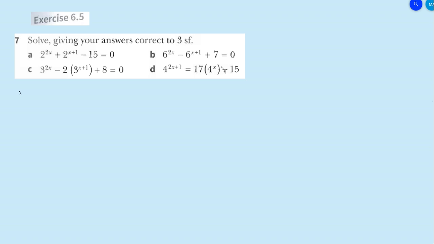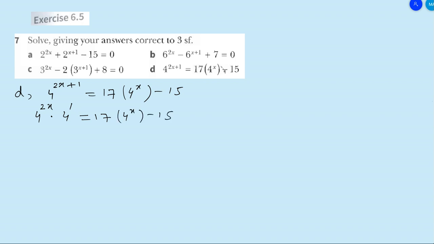Part D is 4 to power 2x plus 1 is equal to 17 into 4 to power x minus 15. First, write this equation: 4 to the power 2x dot 4 to the power 1, here dot means multiply, is equal to 17 into 4 to the power x minus 15.